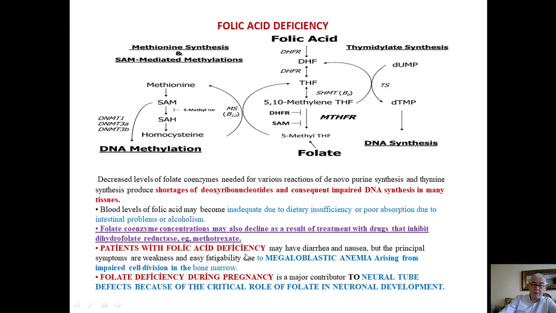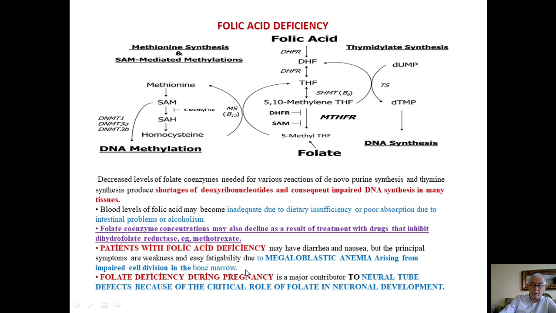Patients with folic acid deficiency have different types of symptoms, for example diarrhea, but the basic or principal symptom is weakness due to megaloblastic anemia arising from impaired cell division in the bone marrow.